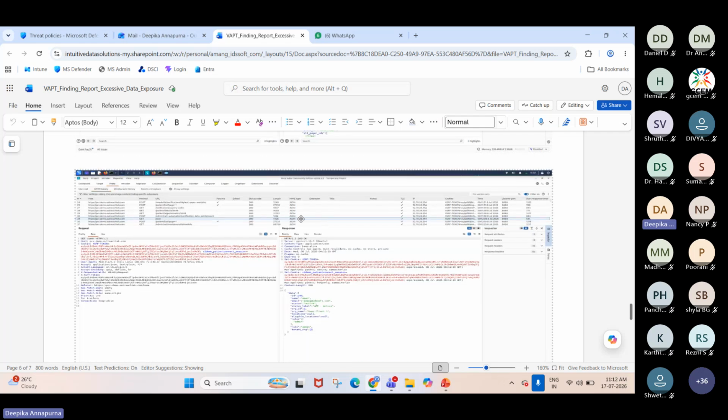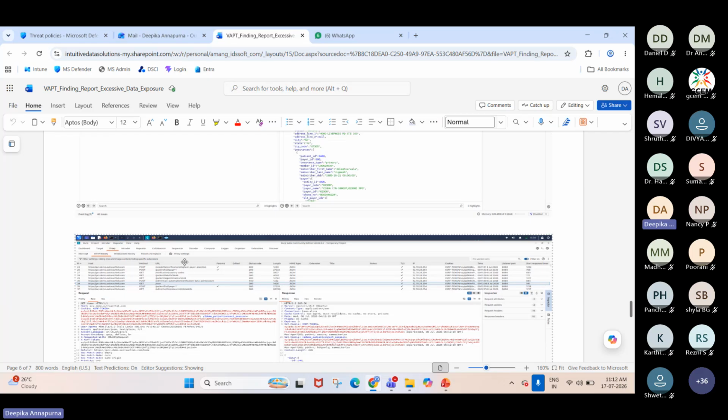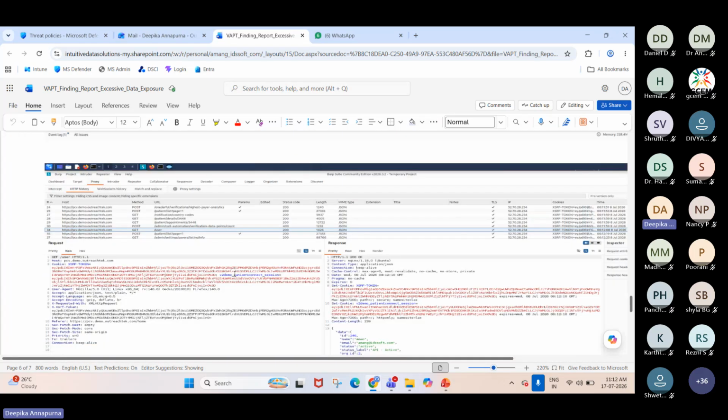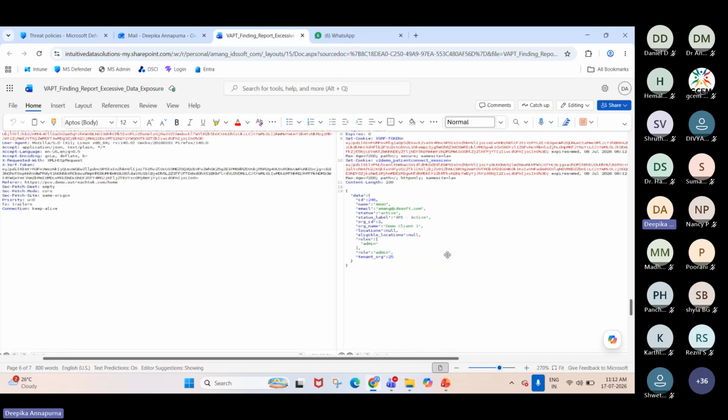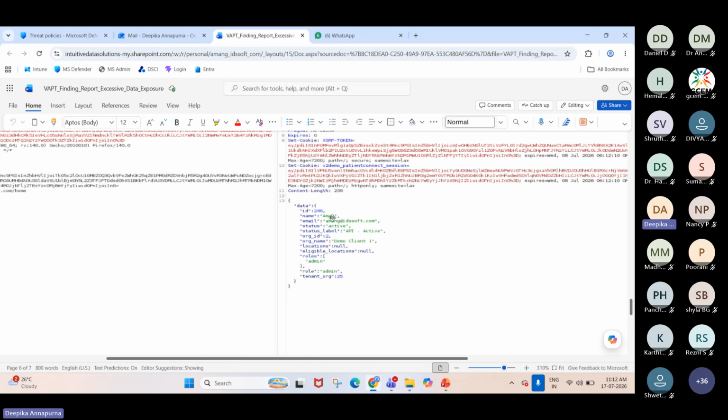So what happens if a hacker is trying to use the same tool? He can get all the access to the patient data, right? And when they tried the GET request from the user, okay, here they can see admin user details are exposed. Here you can see the role as admin, and the API is active.